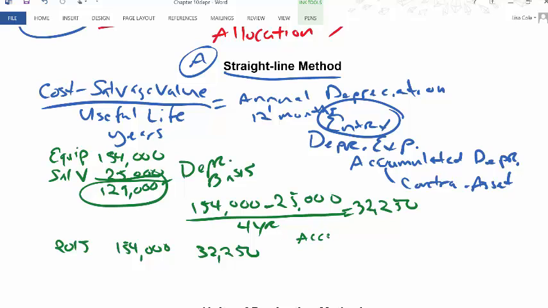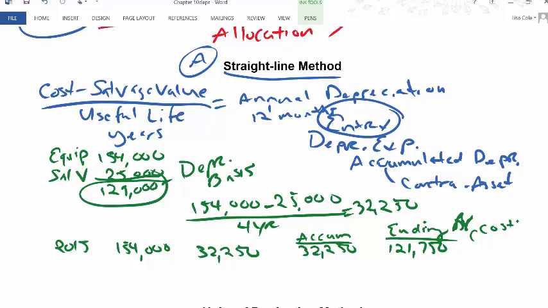And then my accumulated depreciation that appears on my balance sheet after the first year would be the 32,250. And it would leave me an ending book value, that's BV, of $121,750. I got that by taking my original cost of $154,000 minus the accumulated depreciation, and it gives me my ending book value.